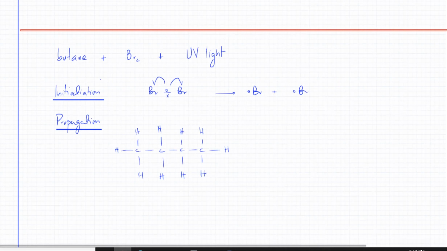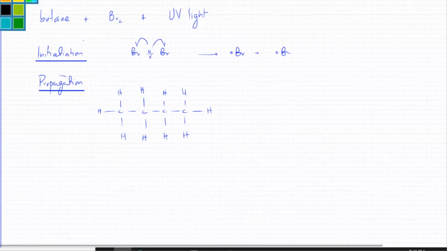And remember, the Br radical is going to come along and it's going to try and steal any of the hydrogen atoms. So for example, the Br radical comes along. It sees this hydrogen atom, tries to pull it and tries to bond with it.